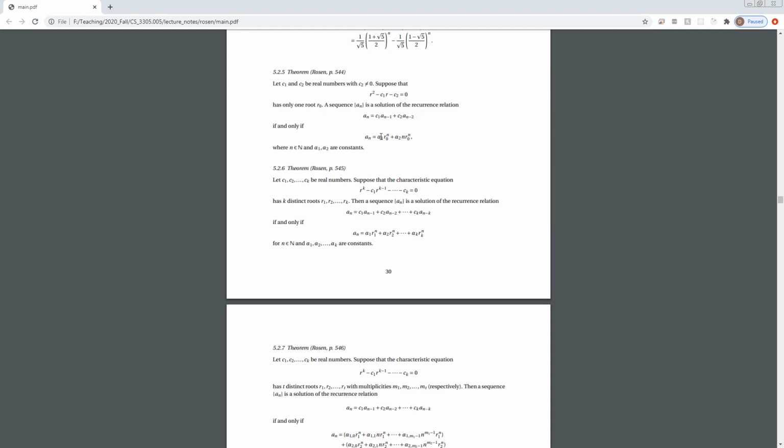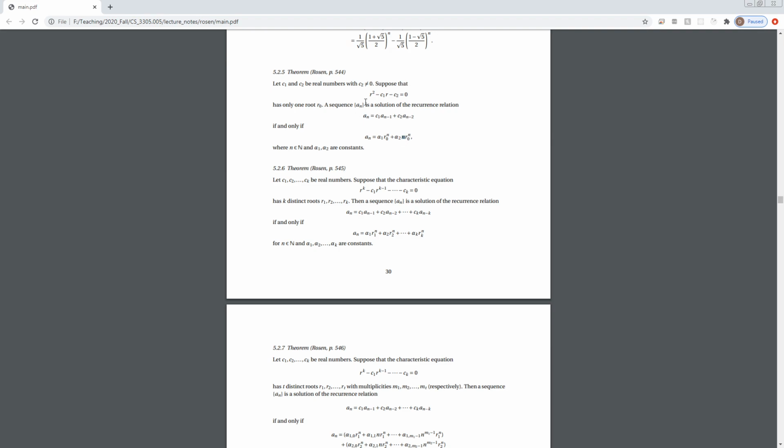So instead of it being alpha 1 R1 to the n plus alpha 2 R2 to the n, because they're the same root and they just occurred the same, they would end up just being collapsed into a single variable, and you would just correct the coefficient. But that turns out to not be an accurate way to compute it.